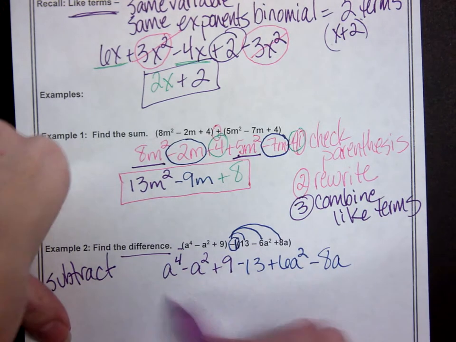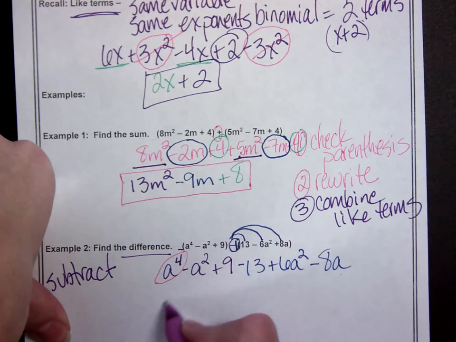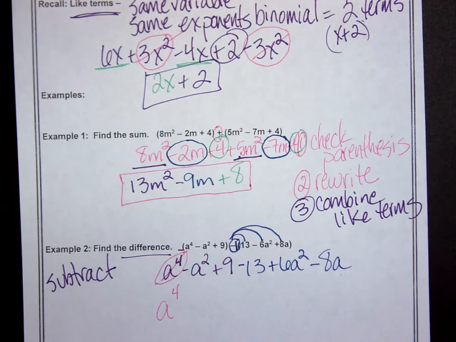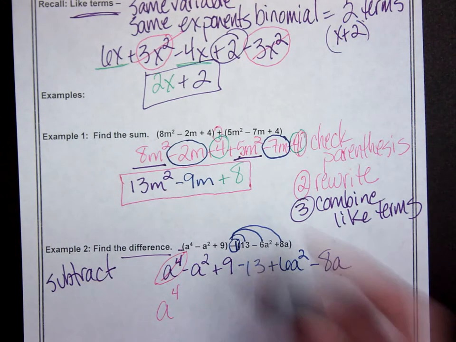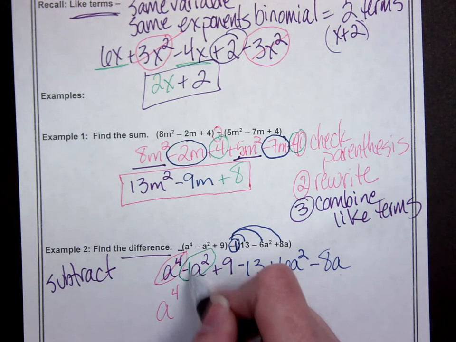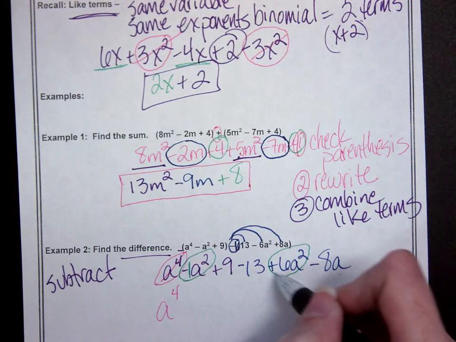So when I go through a to the fourth, there are no other a to the fourth, so I'm just going to write it down. And then I cross them out when I'm finished so I don't double back up. Negative a squared. I'm going to put a 1 here so we don't forget. Here's another a squared term.